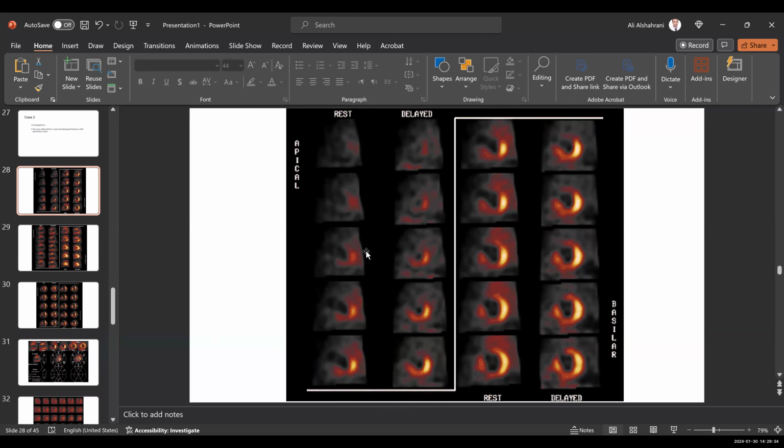So if I go with you over this, this is actually short axis going from the apex to the base. He has no perfusion at all at the base and in the apex, and as you go up to the base, he starts to have some perfusion with the preserved delayed imaging.